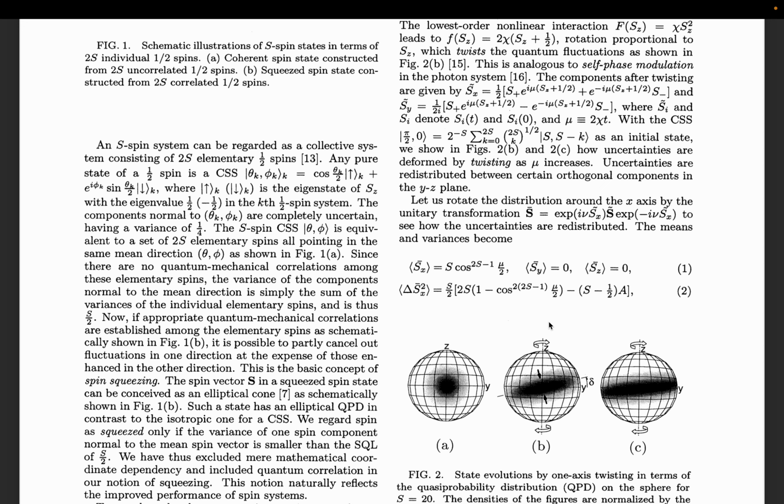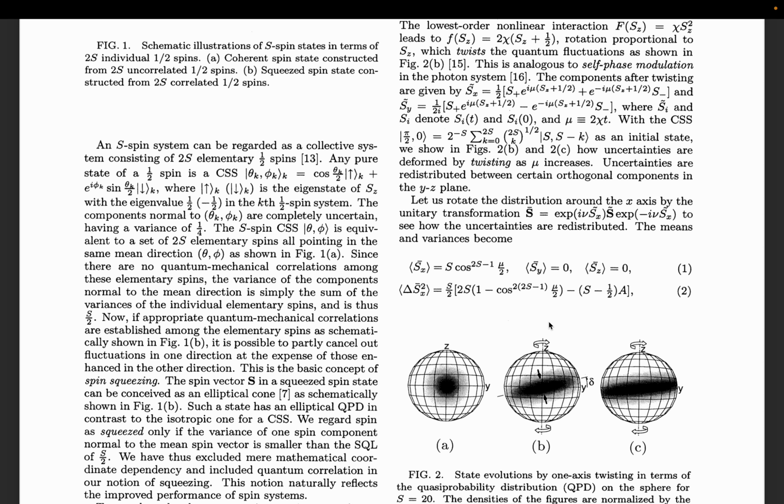So there exists no correlation among these spin half systems. Therefore, the variance perpendicular to the theta comma phi direction is just the sum of variances of all spin half systems in the theta comma phi direction. If the appropriate correlations are established, then one can reduce this variance in one direction.